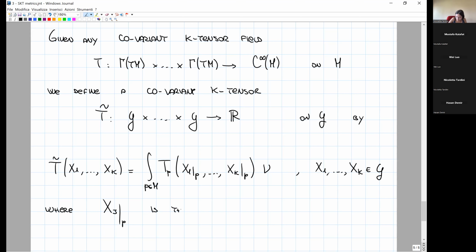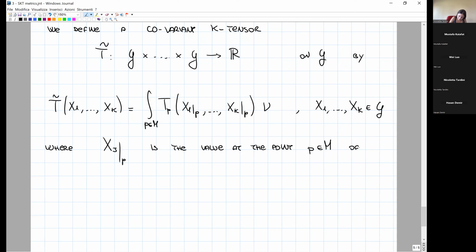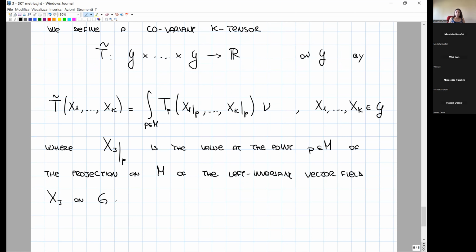This is the value at the point P in M, so on the manifold, of the projection on M of the left invariant vector field xj on G. Because the Lie algebra can be identified with the left invariant vector fields on the Lie group, and then you project this on M, okay?